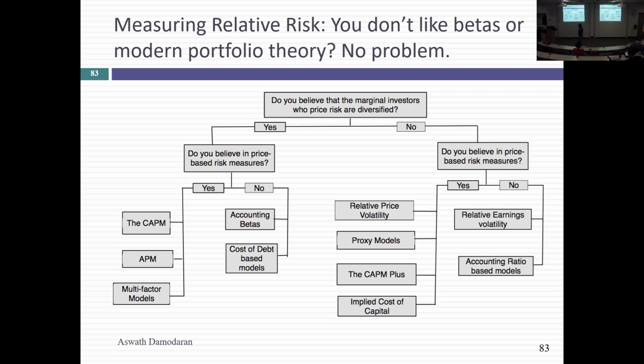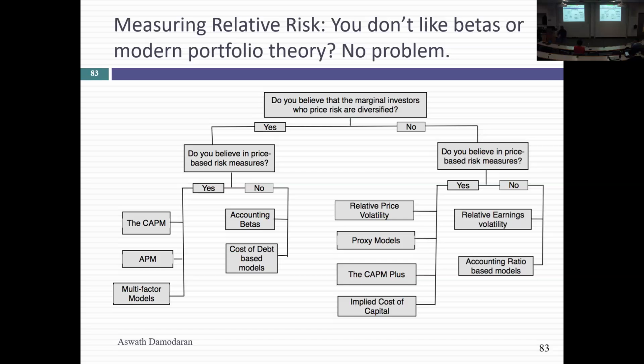If you go down the other route and say, look, I don't believe investors are diversified, and you don't like prices, then your argument is you want to focus on all volatility, not just the volatility that's caused by the market. If you want to use price-based measures, then you want to come up with a measure of price-based risk that looks at total risk in the company, not just the risk we cannot diversify. With prices, you get standard deviation.